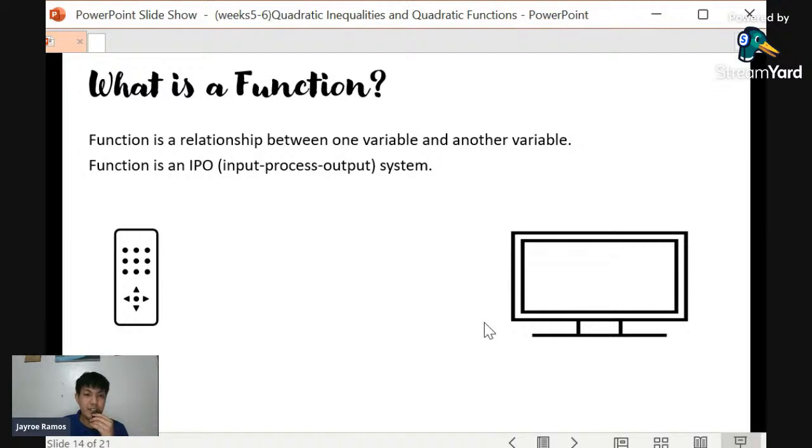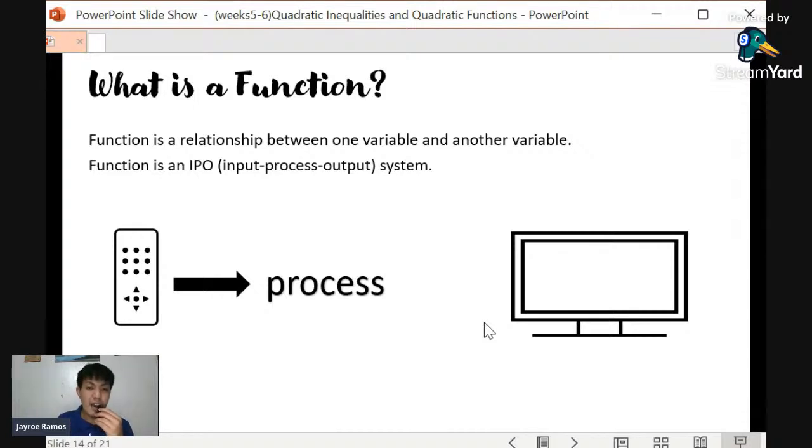So yan yung TV natin. So gagamitan natin ng IPO system yan, input, process, output. So sa pinakamadaling paraan. Okay, yung remote, gagamitin natin siya as an input. Yan yung input natin. Ang input natin yan ay yung point na i-on natin yung ating TV. Okay? Of course, kapag inon yung TV natin, so there will be process, of course, di ba? Hindi naman yan pwedeng mag-on ng walang process. Syempre. So kapag nag-on tayo ng isang appliances or ng isang gamit, merong process na nagaganap dyan.